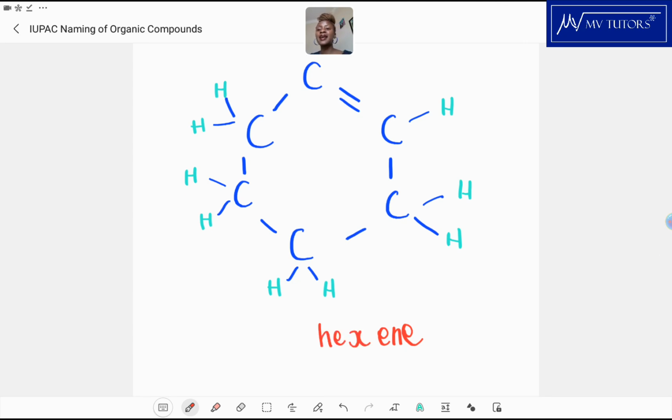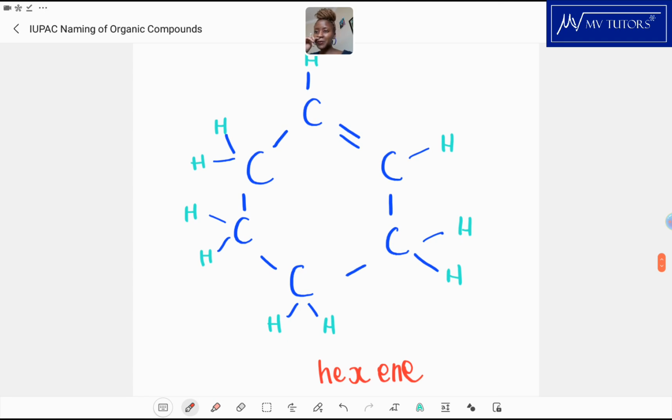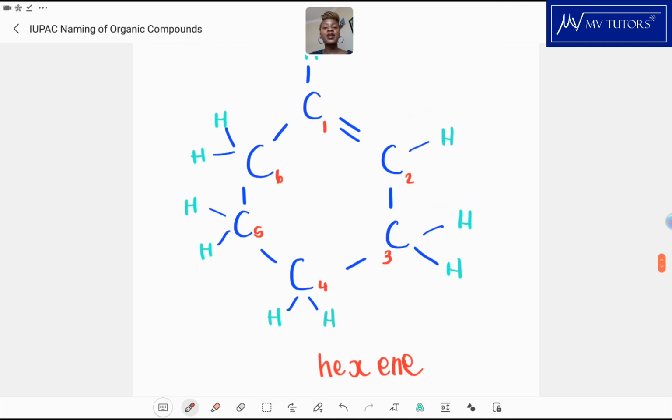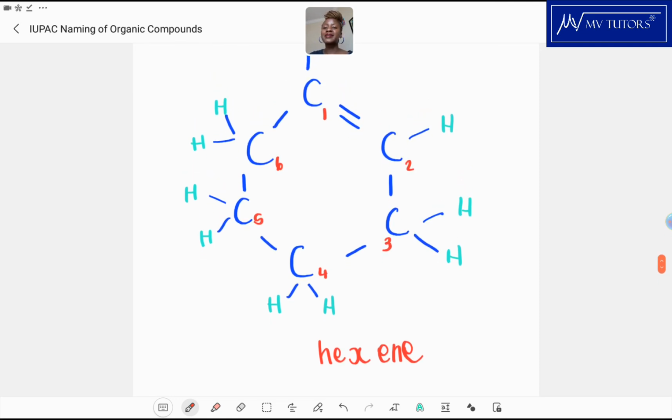All right, and we start numbering from where we can identify a functional group. That'll be our first carbon, second carbon, third carbon, fourth, fifth, sixth. They join together, it's a ring. In cases where you have a ring, it will be called a cyclo, cyclohexene.